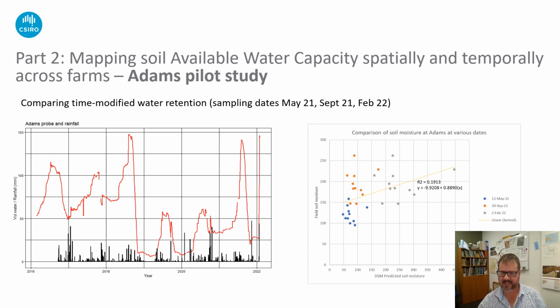Each of these colors is from the relationship from the different dates, and we get quite a weak relationship here. So it hasn't performed very well at predicting the AWC across those various dates, using Jake's data as validation.